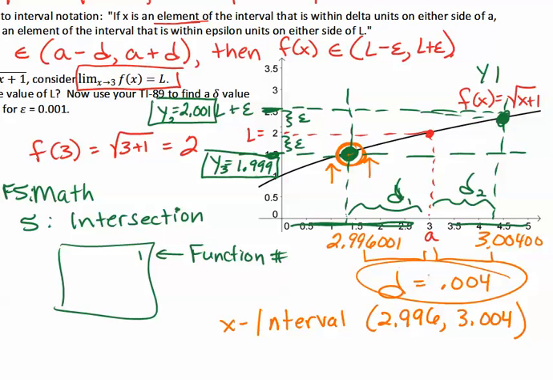If you're asked for delta, choose the smaller of those two distances. Or if you're asked to choose the x interval, that would keep you within the y interval. So if I use a highlighter, the idea here is as long as we stay horizontally between those two x's, then our y-coordinate will stay vertically within our safe range with our tolerance on the vertical limit.